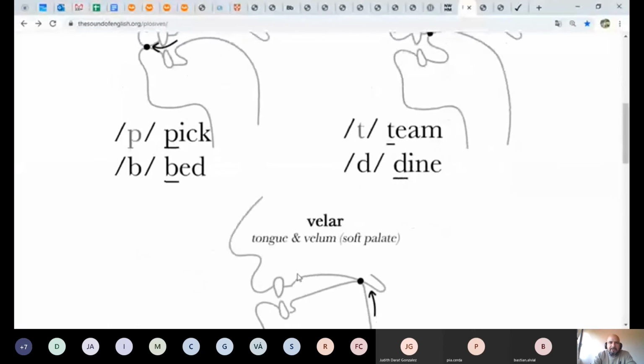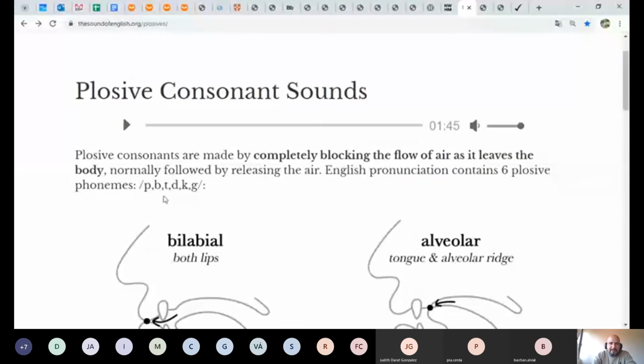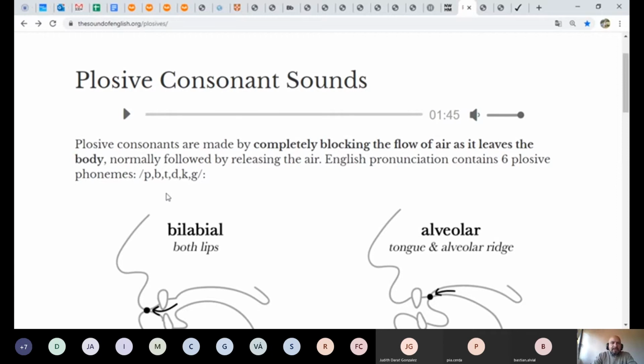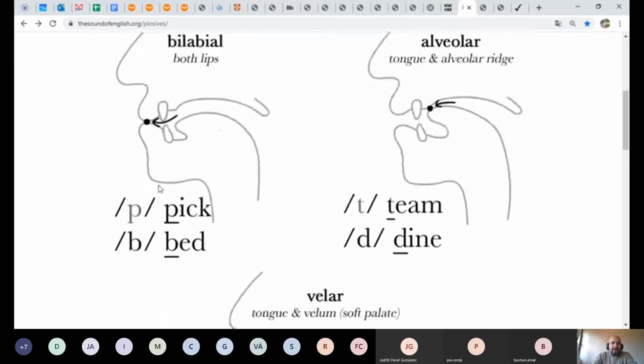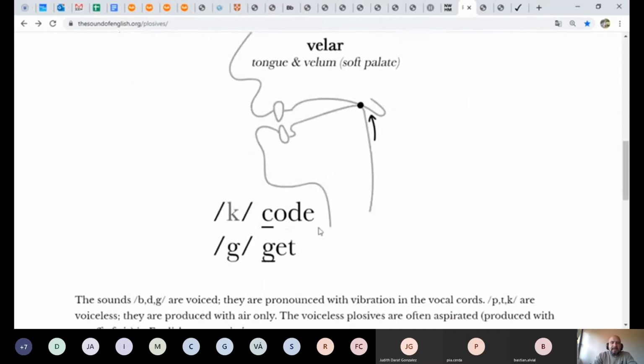so here we're presented with 6 plosive phonemes. Some people call these plosive consonants, some people call them stops. I would call them stops or plosive depending on the position of the phoneme. When you consider any of these sounds in initial position, they are quite plosive, because you say, for example, pick, team, coat.